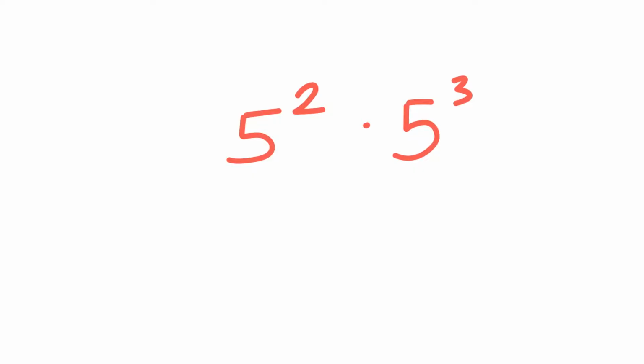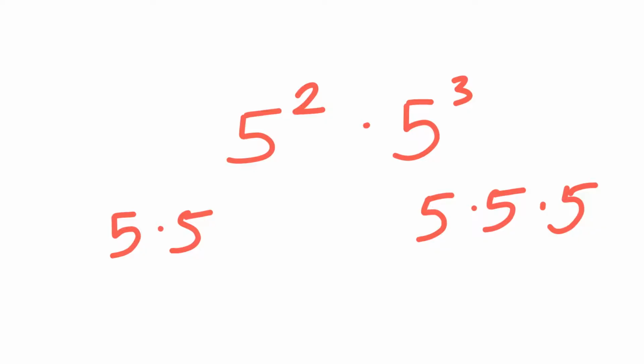And so, as I mentioned before, 5 to the second power is 5 times 5. And likewise, 5 to the third power is 5 times 5 times 5. And so what ends up happening is when we multiply exponents, we end up adding the powers together.